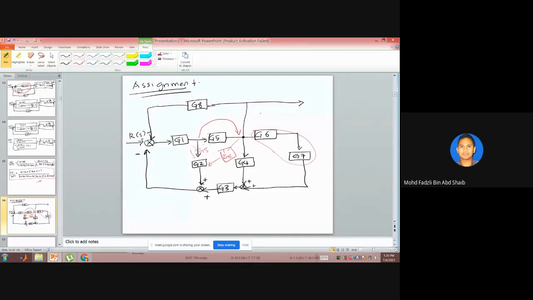Again, this one is combined, G6 and G7 plus G4. This will become this. And this point moves to the front. So it becomes 1 over G5 from G2, but this one still remains G5. And then you can solve everything.